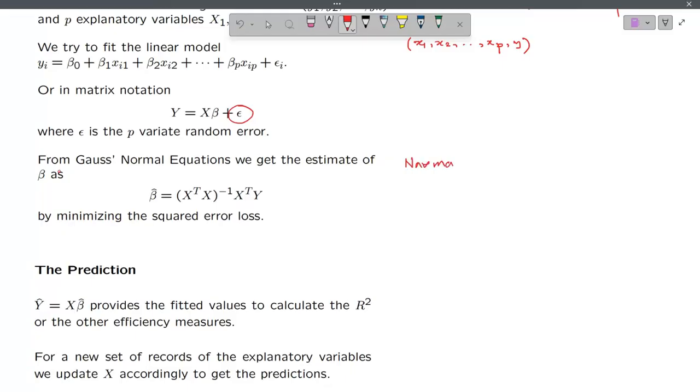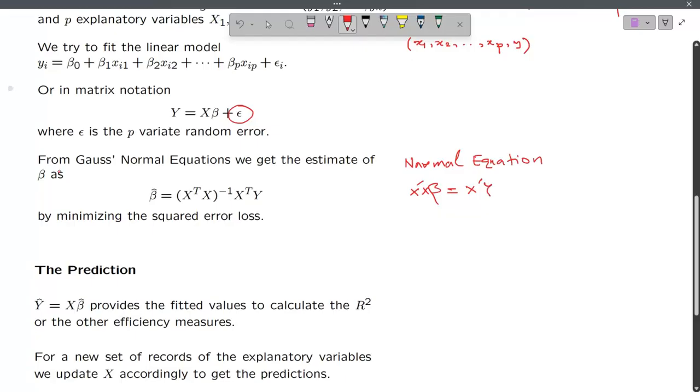So he could arrive at a normal equation. He minimized the loss, set del f del beta i equal to 0, and got the normal equation: X transpose X beta equal to X transpose y.